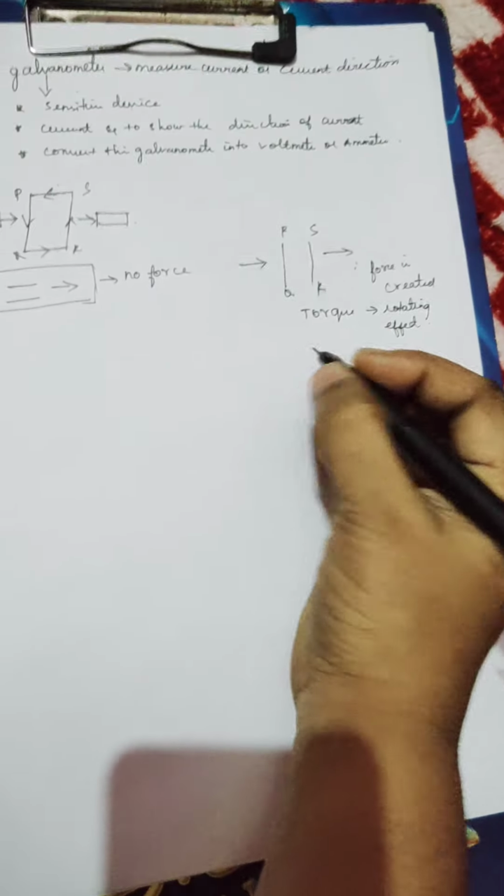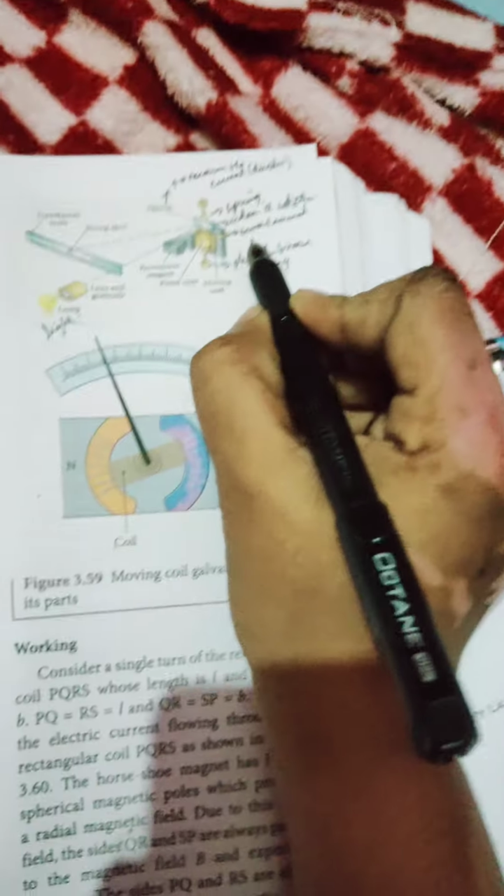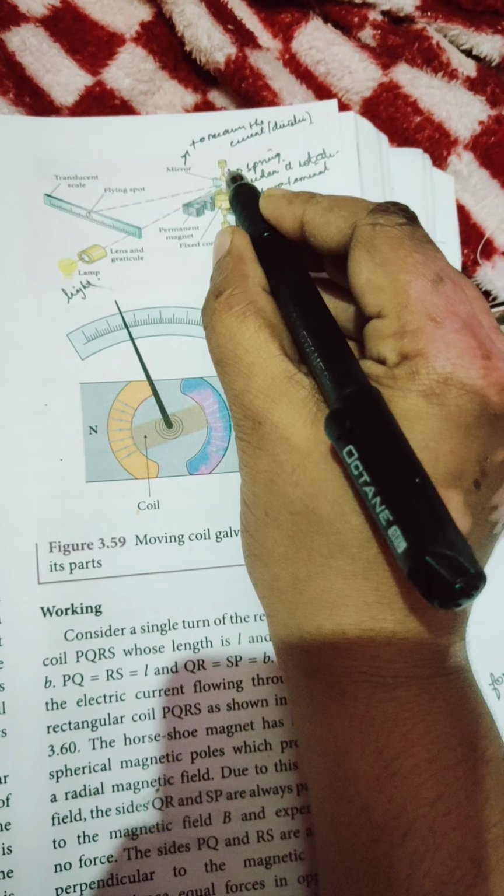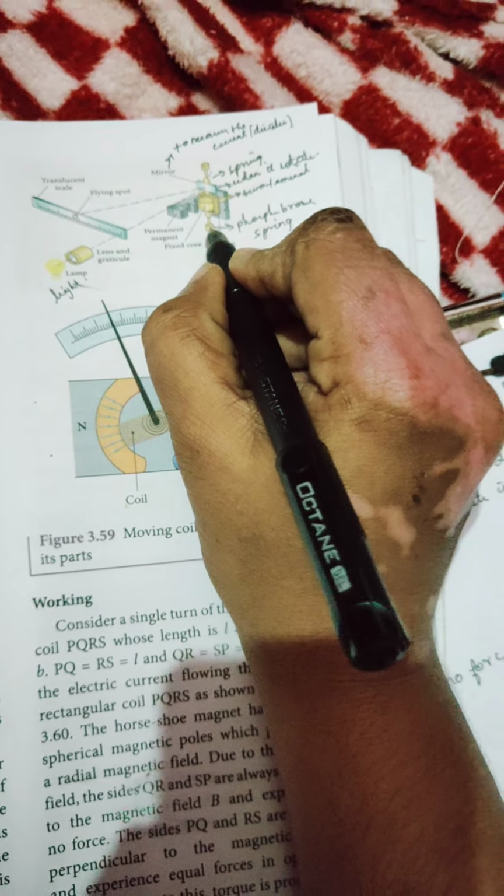Now we will see the construction of this galvanometer. First look at this diagram very carefully. This is the spring. Here I have one spring and here I have one spring.